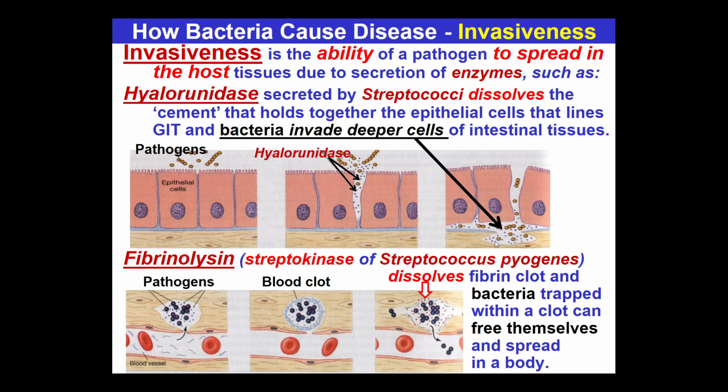And after that, Streptococcus, dissolving the connective tissue below the epithelial cells, becomes capable of colonizing the deep parts of the human tissues.